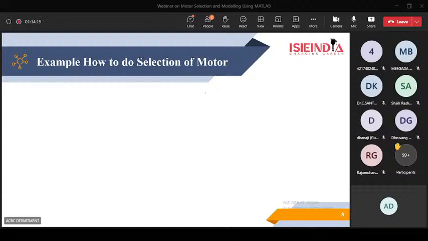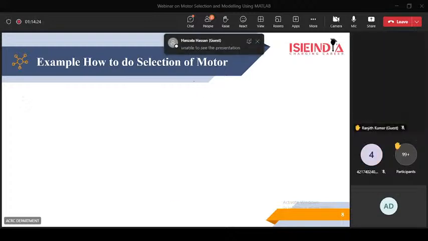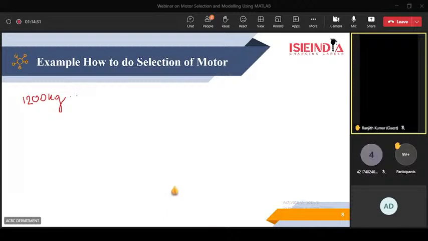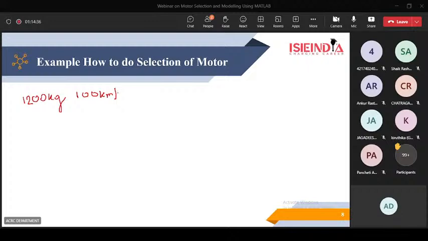I will take an example, a short calculation. Suppose I am designing a vehicle of 1200 kg, and I want the motor selection for 100 km per hour, and for that particular vehicle I also want a range of about 150 km.